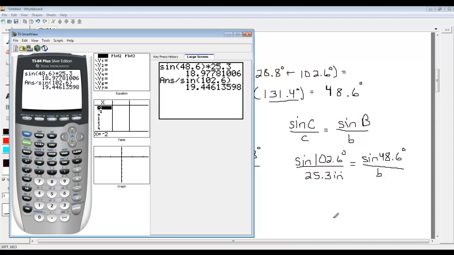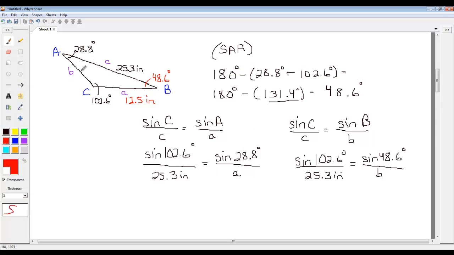And I get around 19.4. Okay, so now I have solved that oblique triangle. So that's a case with basically side angle, angle.